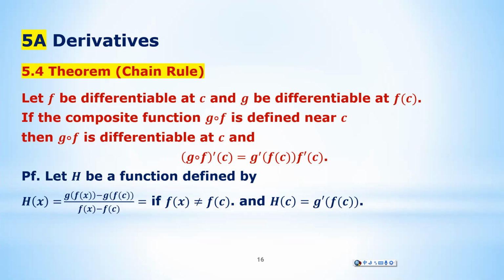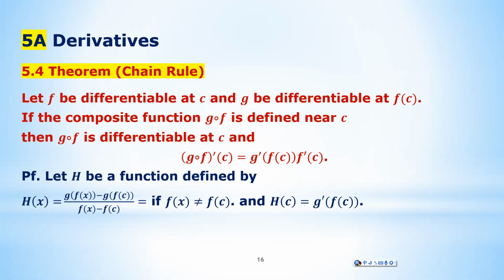Now this is complicated because you cannot control whether this makes sense. If f(x) is not equal to f(c), then the bottom of this expression is non-zero, so this fraction is valid.